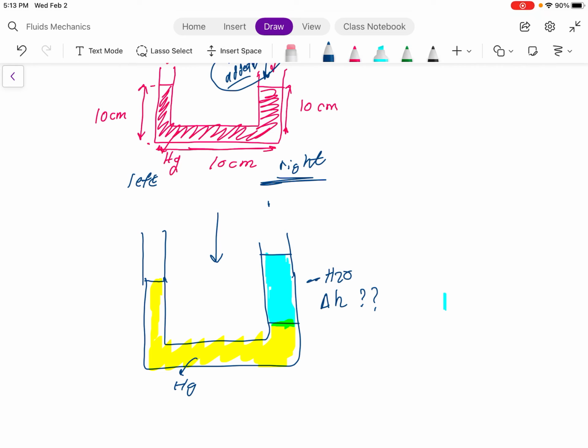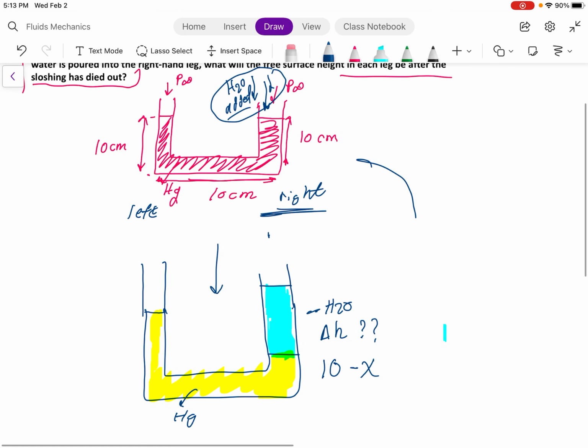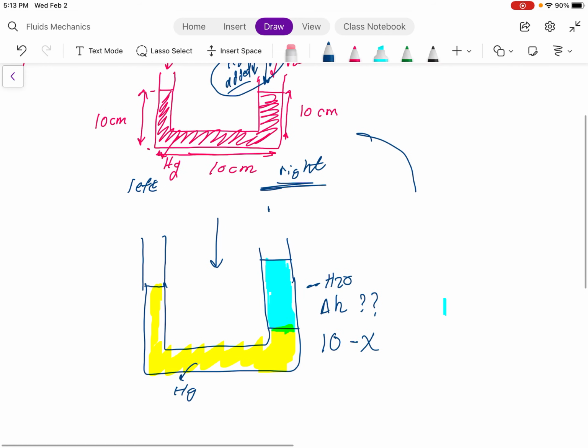And then this distance, if you remember, this is 10, and now it's shorter, so it's gonna be 10 minus something. We don't know how much it decreases, so it's gonna be 10 minus x. And this distance was 10, but it's increased, so we don't know by how much.